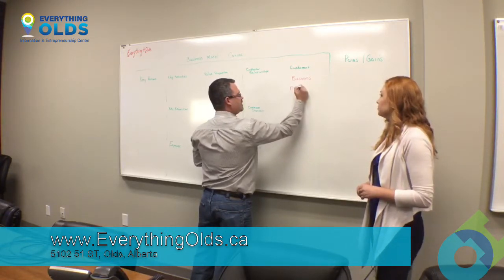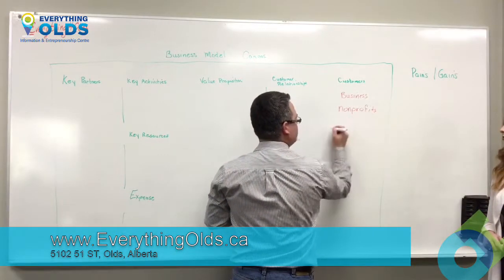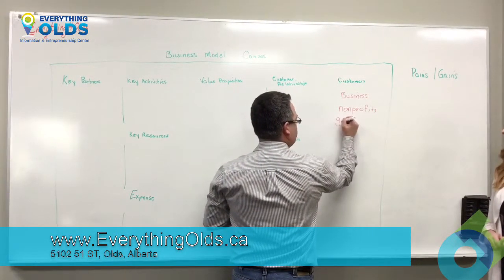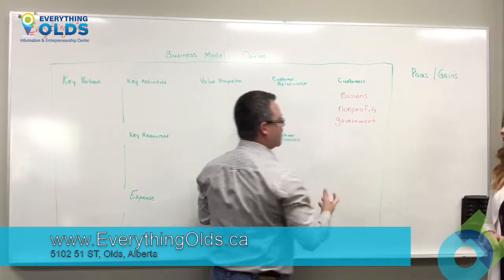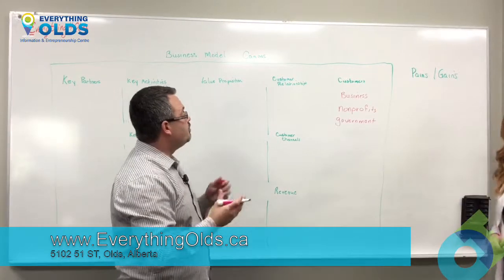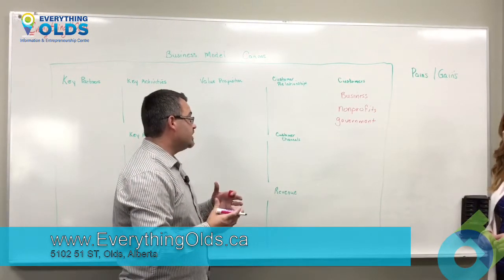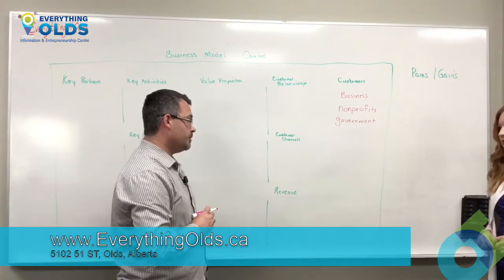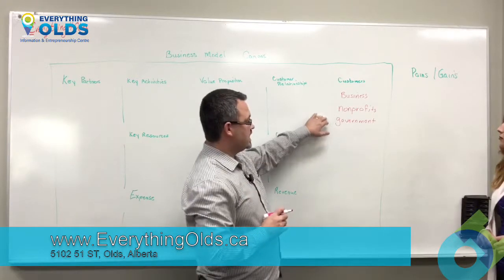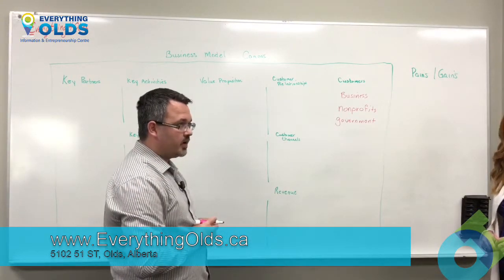Okay, so in the business model canvas, those are all different customer segments, right? They might be, as you say, the government organization. They might be business or nonprofit. But some of our marketing agencies out there actually have a different type of customer as well. If you consider our local newspaper, they have all these organizations that do advertising, but on the other side, they've also got a subscriber.